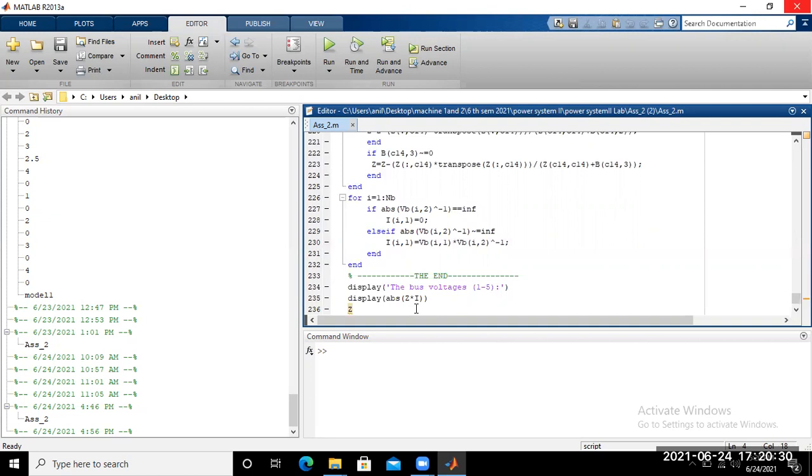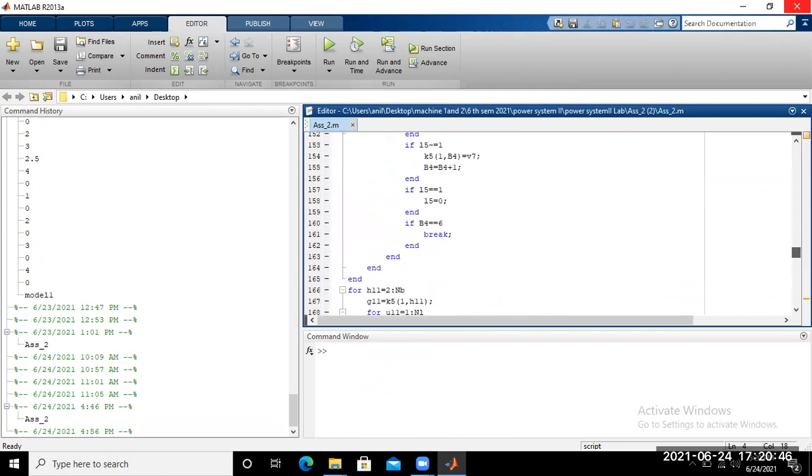Okay, so this is the program where we can put any number of buses and number of lines. So all the specified parameters are given here, that means mention all the transmission line parameters, resistance and reactance value.